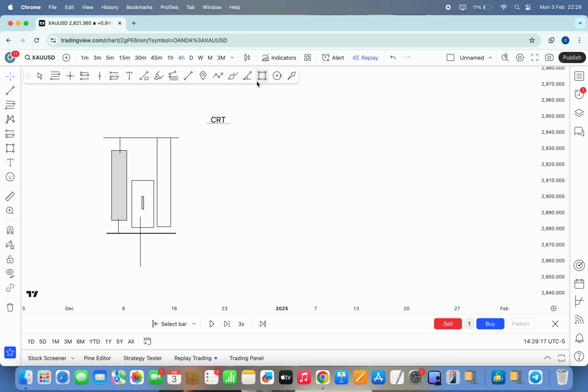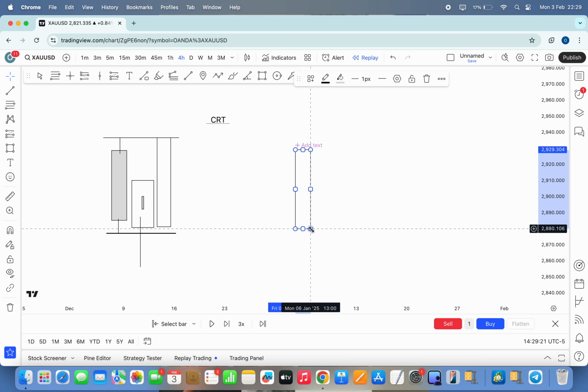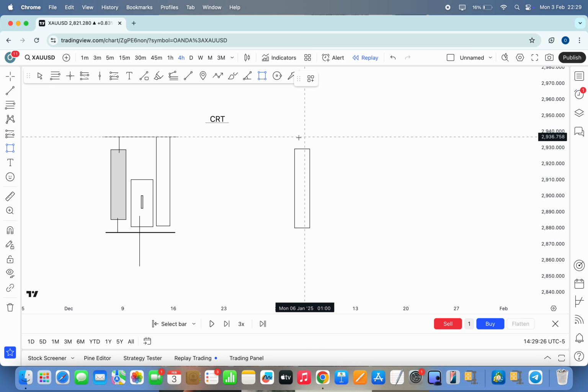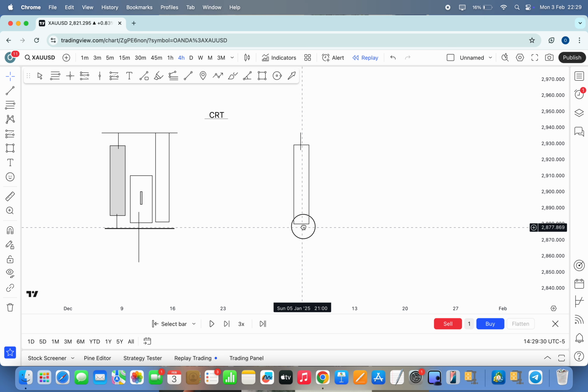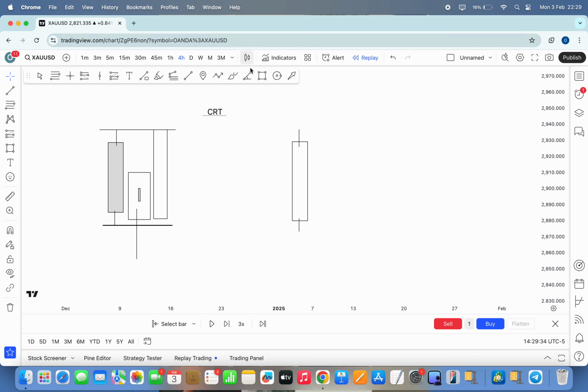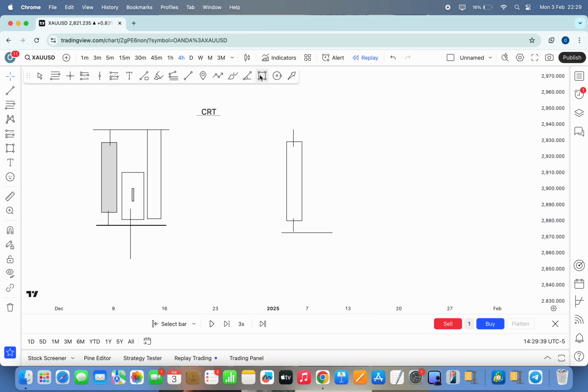Then we have the second part of a CRT, which is a two-candlestick one, this one over here. The second one is more of a chart pattern, but it's also CRT. Let's say this candlestick was a bearish one. The next candlestick comes and sweeps liquidity.